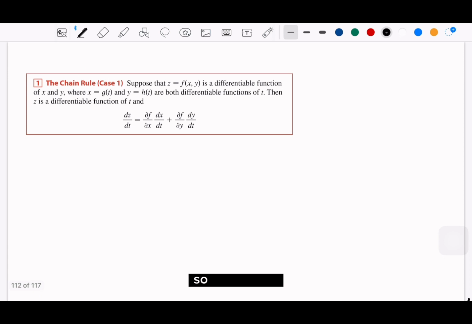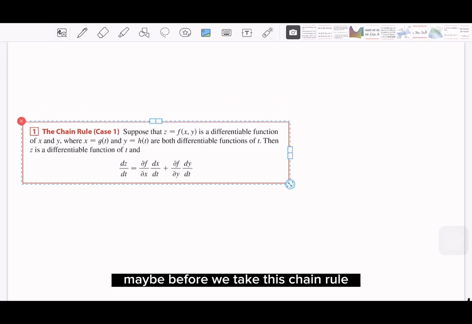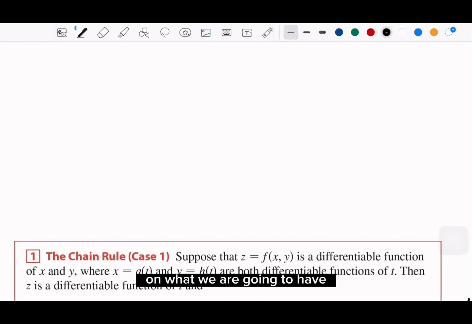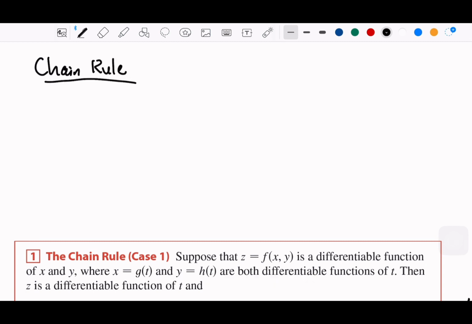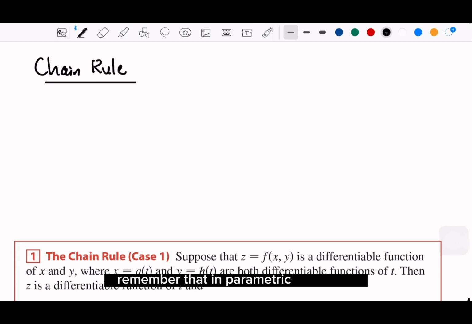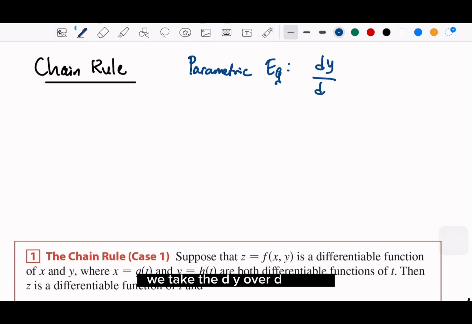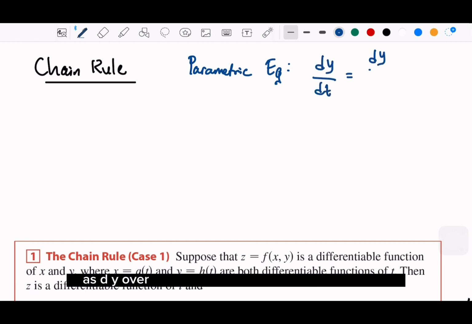Okay, so before we take this chain rule, let me just explain a little bit on what we are going to have. So, chain rule in the partials. Remember that in parametric equations, we already looked at how we take dy over dt, we write as dy over dx, and then multiply with dx over dt.